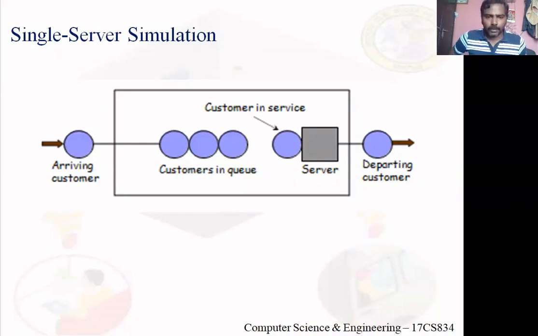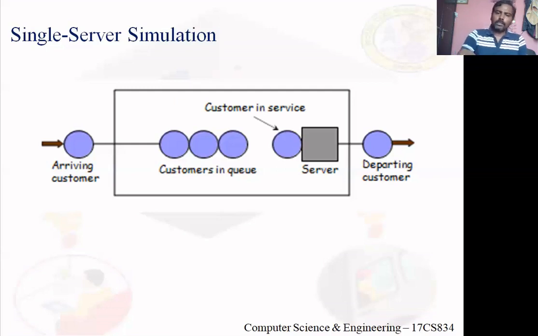As there's only one server, as soon as a customer enters the bank, if the server is busy, then they will join a queue of customers. Then when the customer being serviced by the server finishes his service, he will depart at the exit point. Got it?